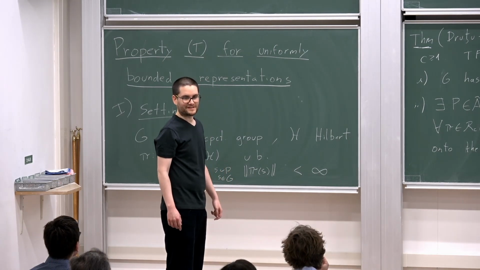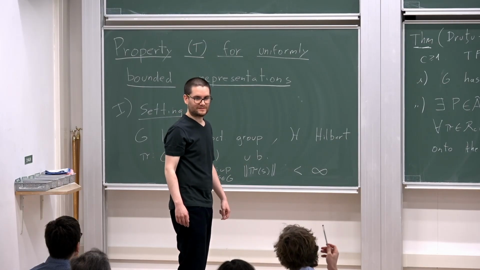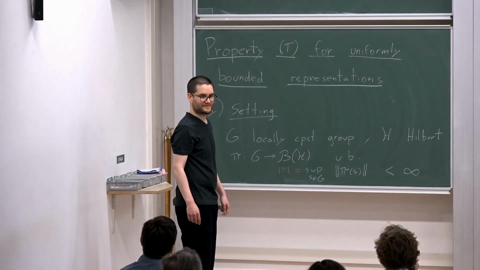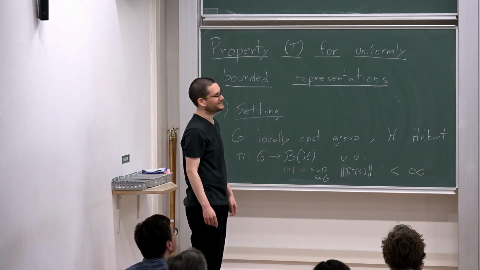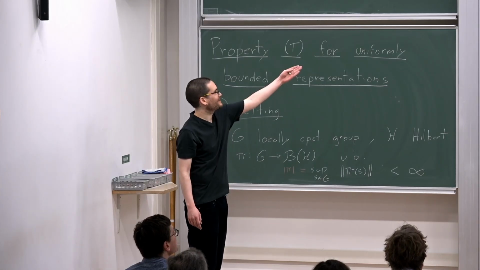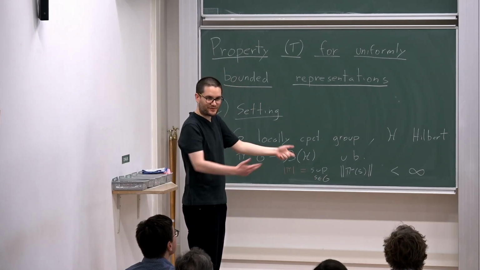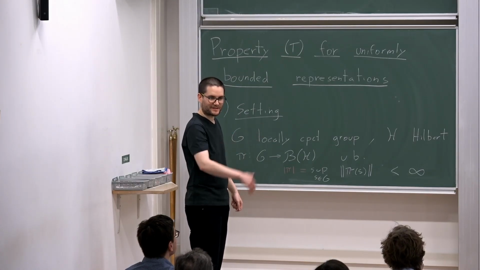Yes, they are both equivalent. Okay. I guess that this one is the original definition, and the other one you prove as a theorem, that you can take epsilon uniformly.